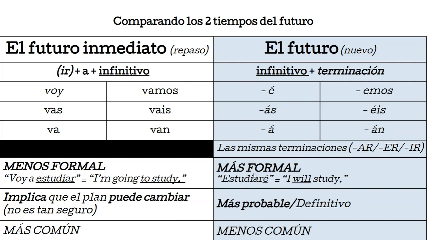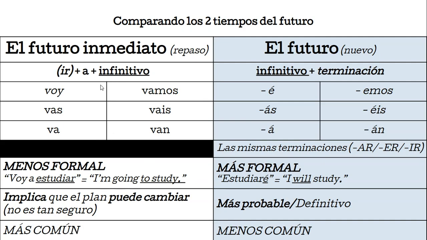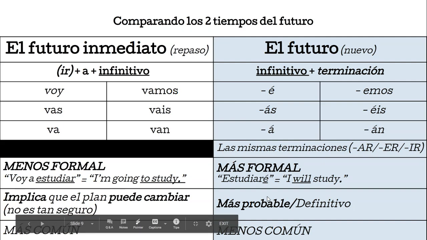For the future tense, this is more probable. It's more definite. Like, yes, it will happen. But if you use ir plus a plus infinitive, that kind of lets you know that maybe the plan's going to change. It's not so sure. Voy a estudiar. Yeah, I'm going to study. Like, stuff might come up and get in my way, but I'm going to study, versus estudiaré. I will study. It is probable. It is definite. It is going to happen.